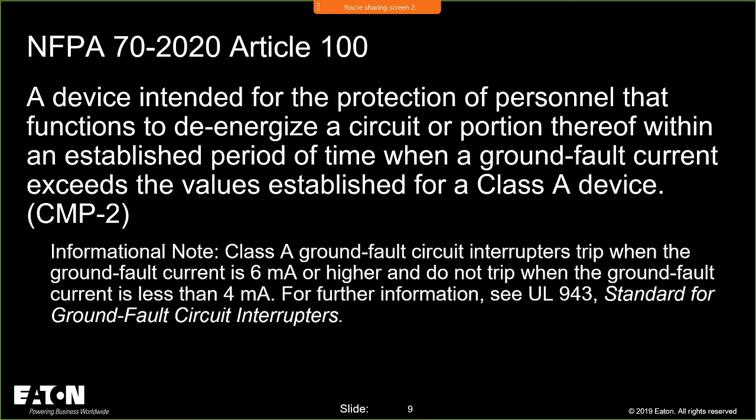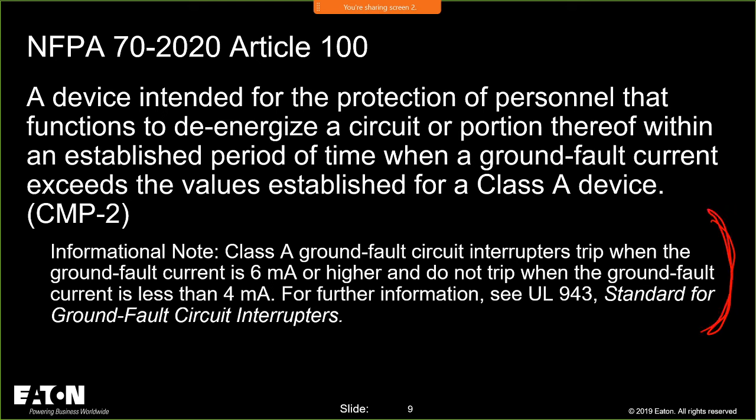All right, here we go. Are you ready? We know what a GFCI is. It's there to protect, and we call it a Class A device. Now you'll notice in this slide that we have this note down here on the bottom that gives us an informational note.